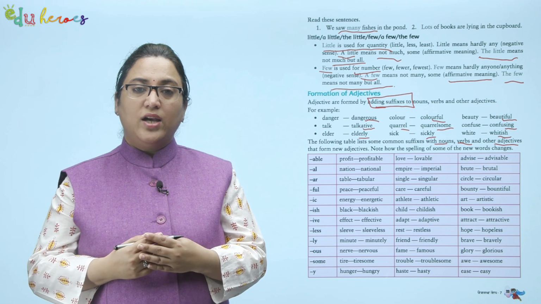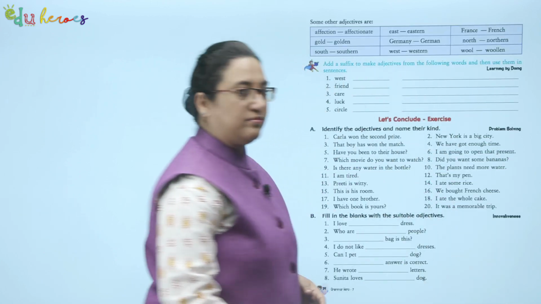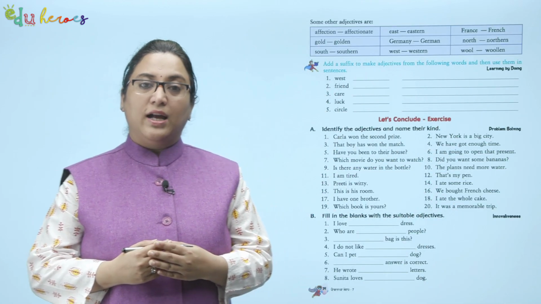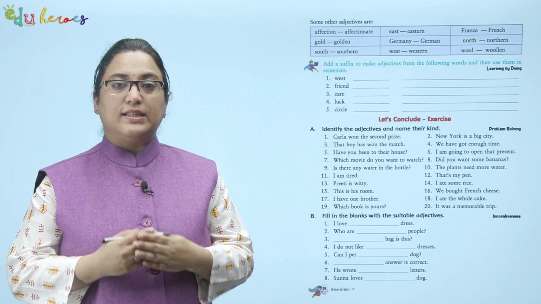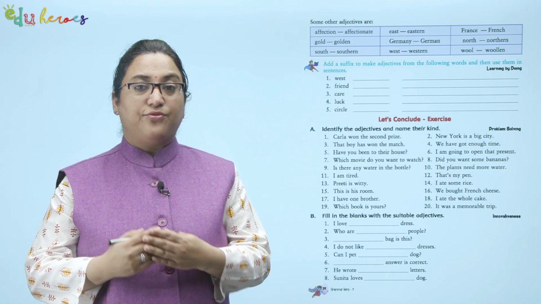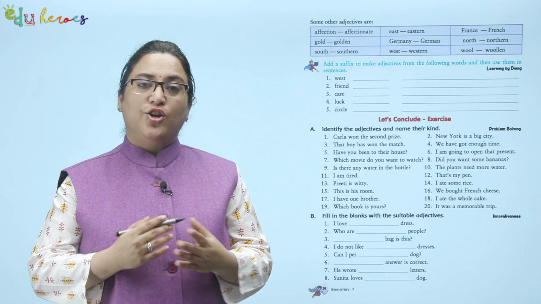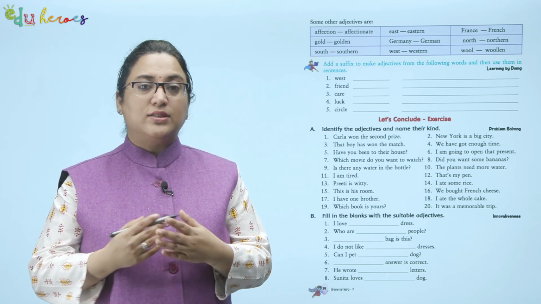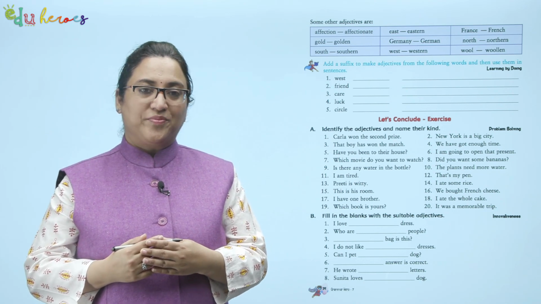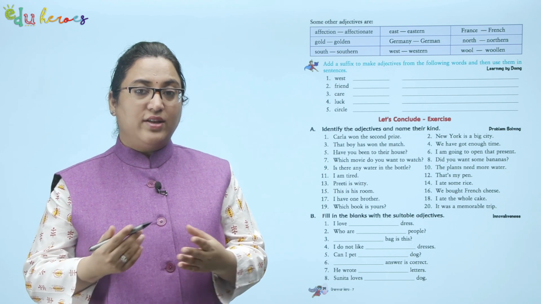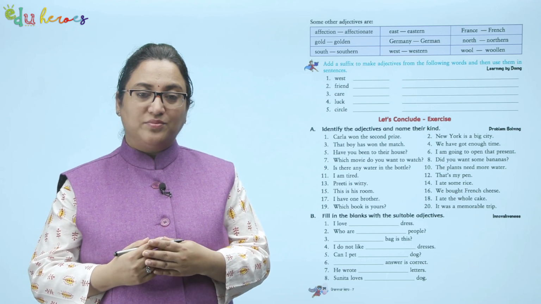Here also we have dropped the last letter. Some other adjectives are affection, affectionate, east makes eastern, France makes French, gold, golden, Germany, German, north, northern, south, southern, west, western, wool, woolen. Try out the given exercise here to recap this table and this mini topic.